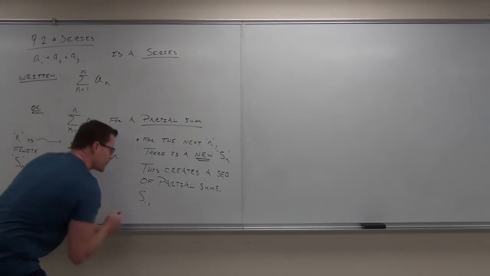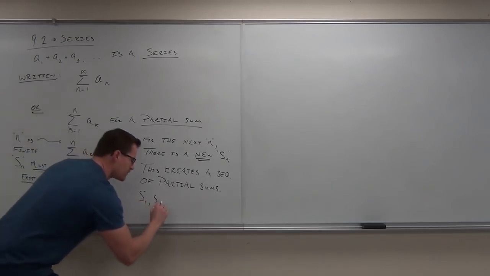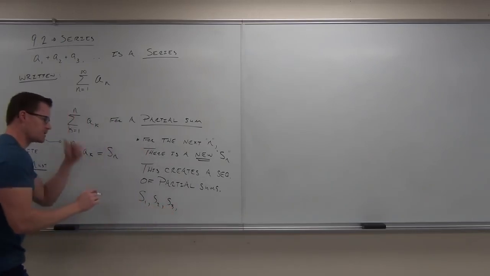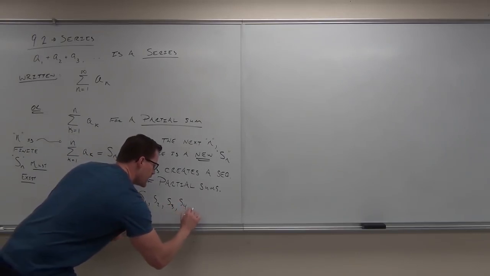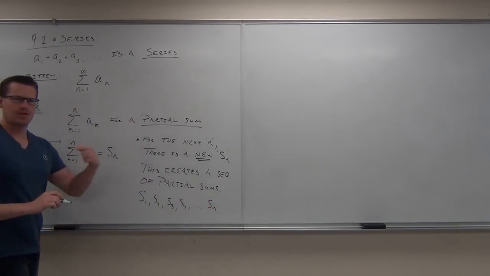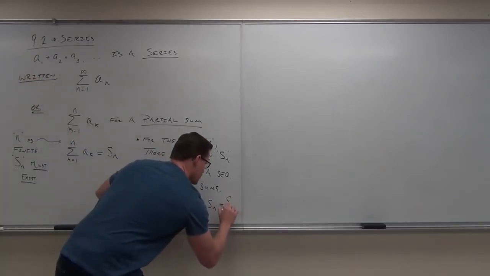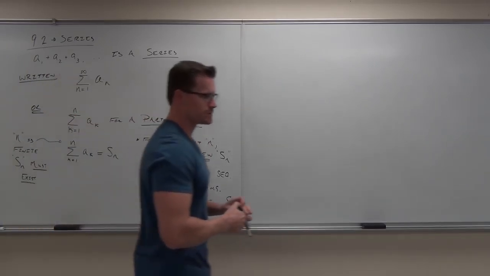I would get s of 1. If I stop at 2, I would get s of 2. If I stop at 3, I would get a sum of the first 3 terms. If I stop at 4, I would get a sum of the first 4 terms, and so on until I get to wherever you tell me to stop. I would get that many different terms. Does that make sense to you? This is our sequence of partial sums.